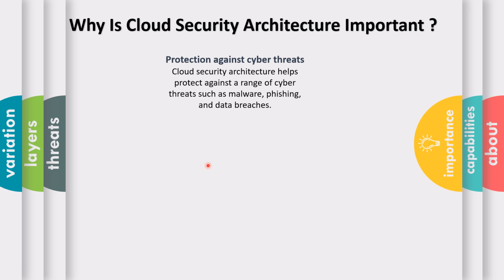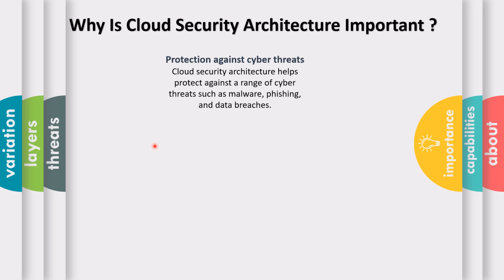Then phishing is when a hacker tricks you into giving up sensitive information like passwords or credit card numbers by pretending to be someone trustworthy, like an email from your bank. So cloud security helps against phishing attacks using secure communication protocols.